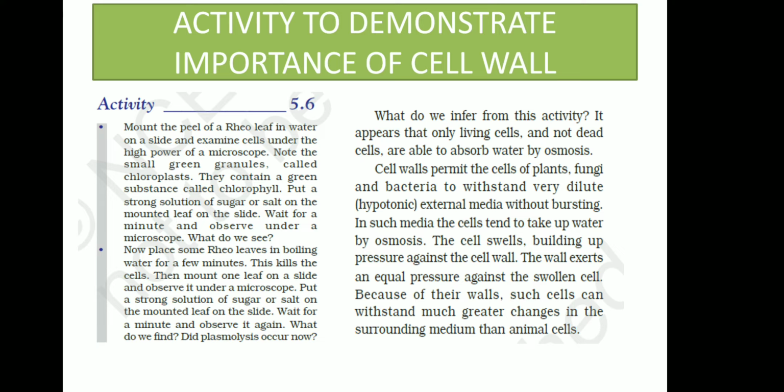We can observe the chloroplasts, which contain chlorophyll, and if we can see the chlorophyll, it means the cell is alive. If we place it in a sugar solution or salt solution and wait, we will observe that it shrinks because of the concentrated solution, but in the presence of water, it will swell up.